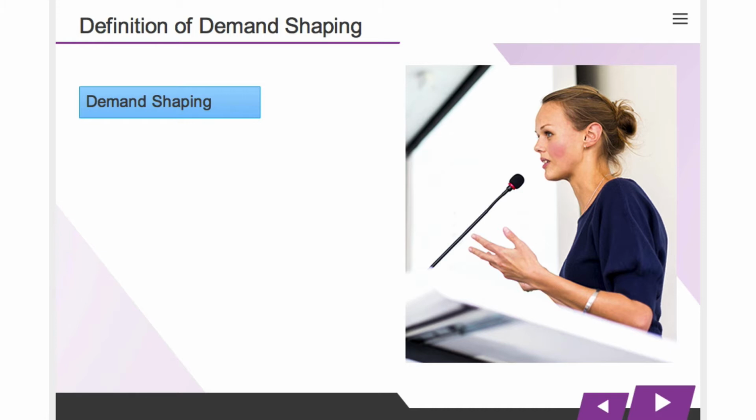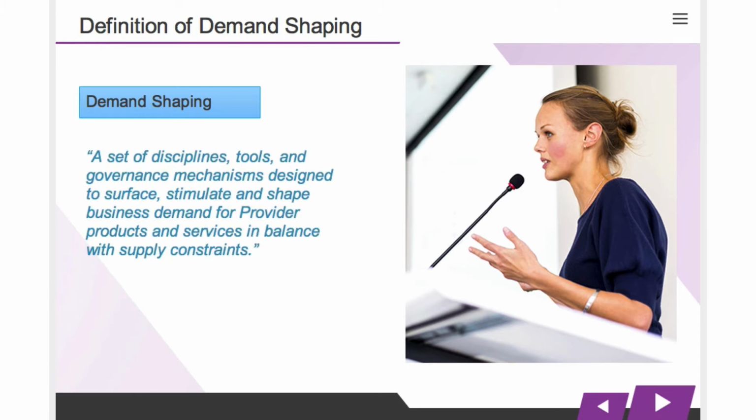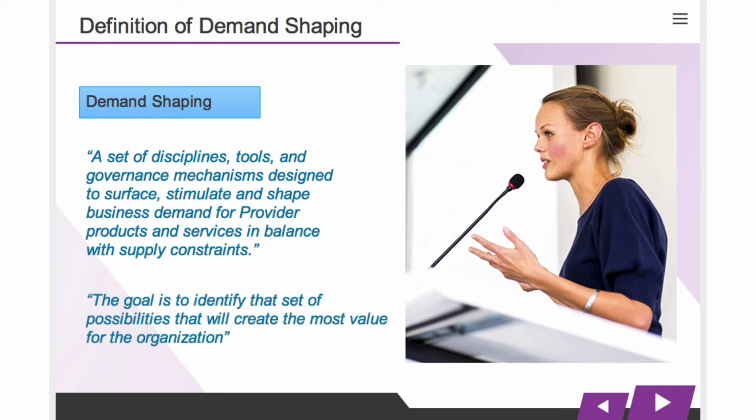According to the Institute, demand shaping is a set of disciplines, tools, and governance mechanisms designed to surface, stimulate, and shape business demand for provider products and services in balance with supply constraints. The goal is to identify that set of possibilities that will create the most value for the organization. Put more simply, how does a BRM surface and shape demand to get optimum value from limited IT supply?